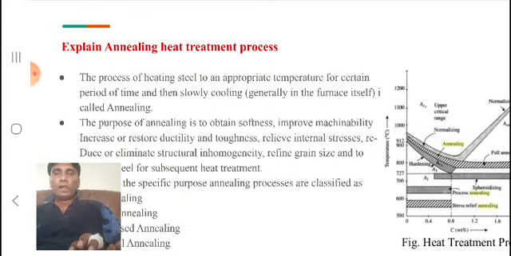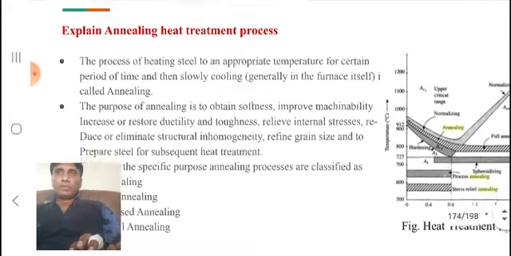We take the steel to the austenitic phase, heat it at that temperature, and hold it there for a sufficiently long period, and then we slowly cool it. We simply switch off the furnace so that the metal slowly cools in the furnace itself, giving a coarse grain structure which relieves all the internal stresses developed during cold working or hot working.